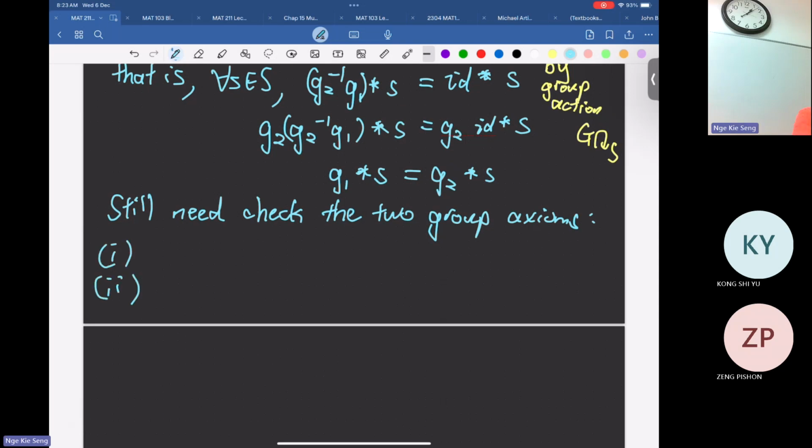First, you take the identity coset in G mod N, right? Let's remind ourselves what the group action we want to check is. It's G mod N on S. The identity in G mod N is the identity coset. So we want to prove that this new action here.